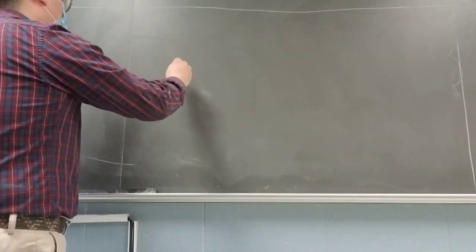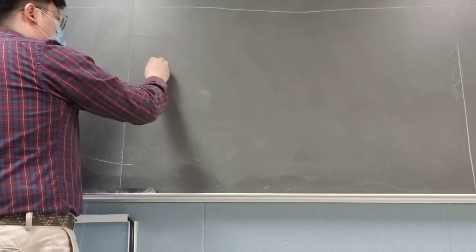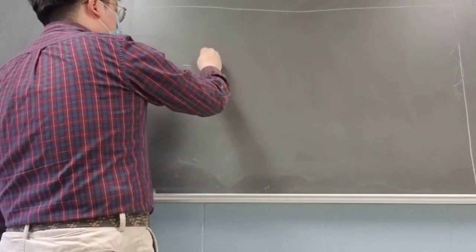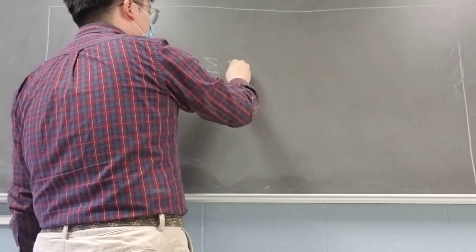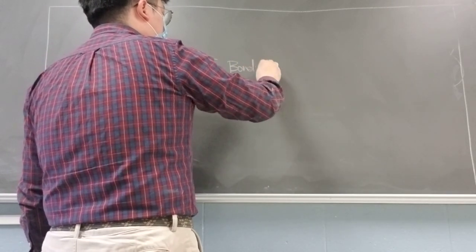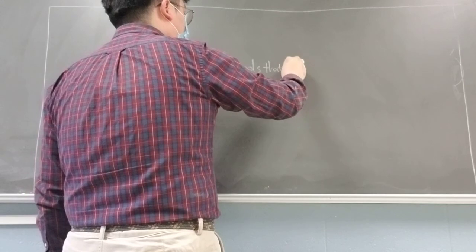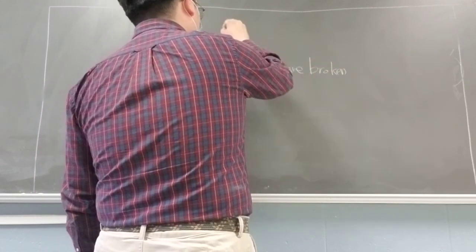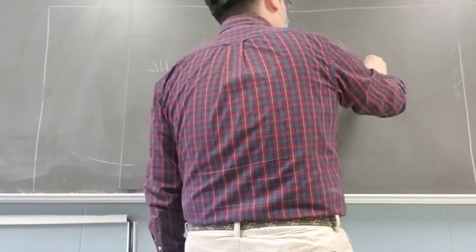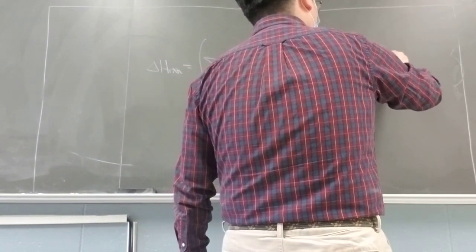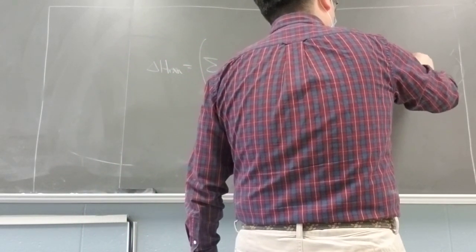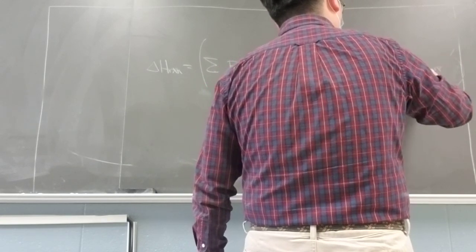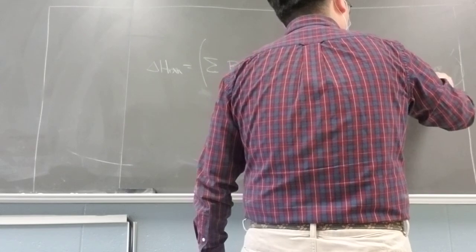So this is something we're going to use to get the enthalpy change of the reaction. With this number, what I'm going to do is this: it should be equal to the sum of the bonds that are broken, and minus the sum of the bonds that are newly formed.